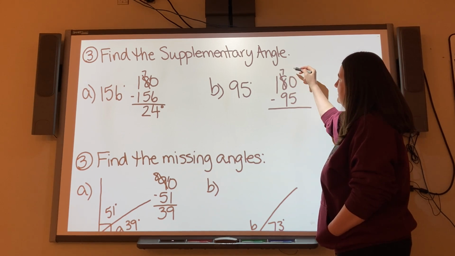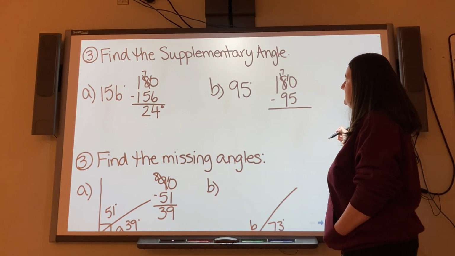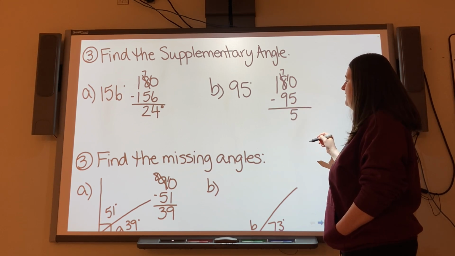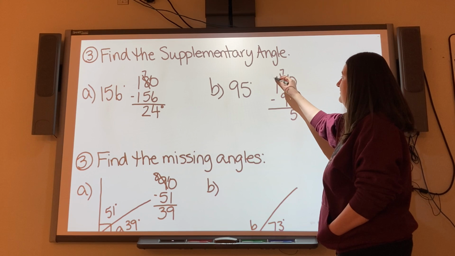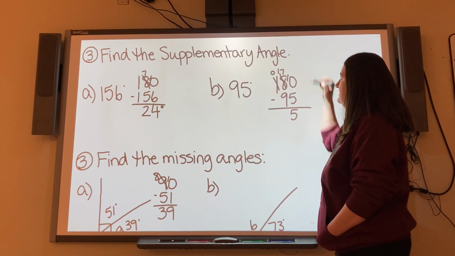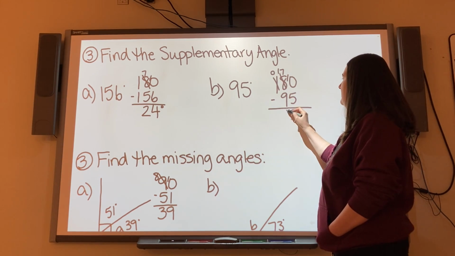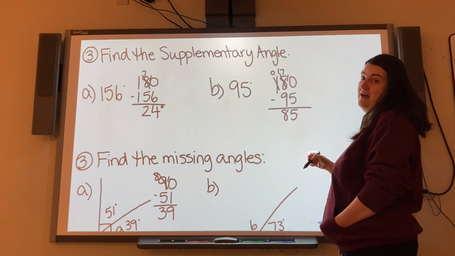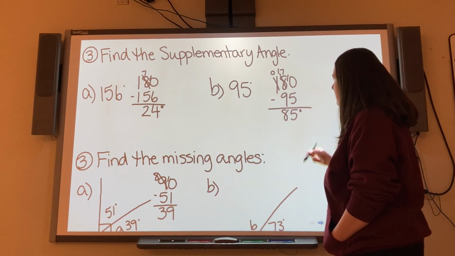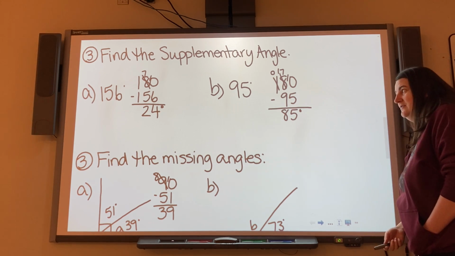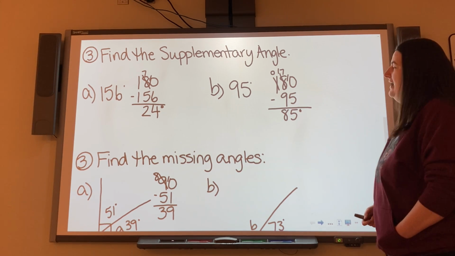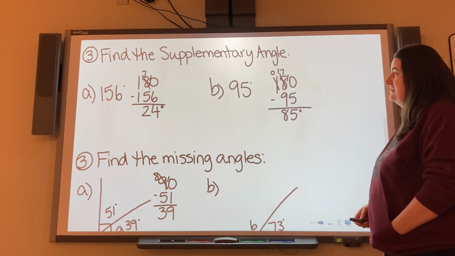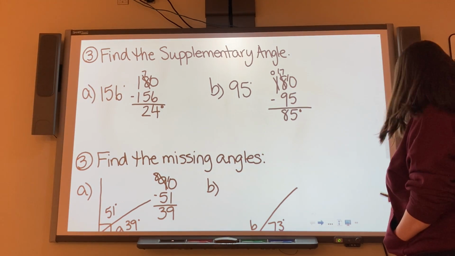So 8 turns to 7, 0 turns to 10. 10 minus 5 is 5. 7 minus 9, you can't do that either. So borrow again. 17 minus 9 is 8. So I've got 85. 85 degrees and 95 degrees add up to 180. So they are supplementary angles. Check to see if you got that right. If you did, give yourself a big check mark.